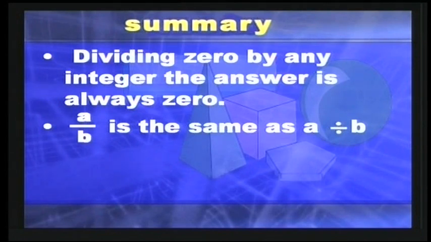Dividing 0 by any integers, the answer is always 0. And our last point. A over B is the same as A divided by B. Know how to read your division sums. These are the summary points for our lesson for today.